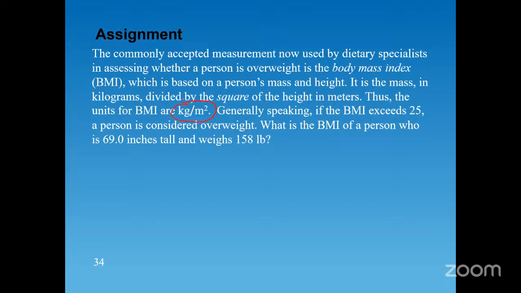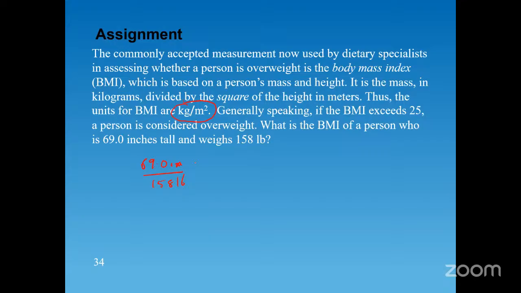So the question is asking, what is the BMI of a person who is 69.0 inches tall and weighs 158 pounds? So the way I go about doing this is that I would take the 69.0 inches and divide it by 158 pounds, right? But what I would do now, once I get that fraction set up, is that I would concentrate on converting each of these units to the required units.